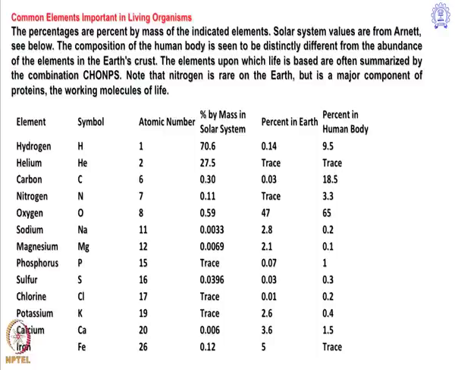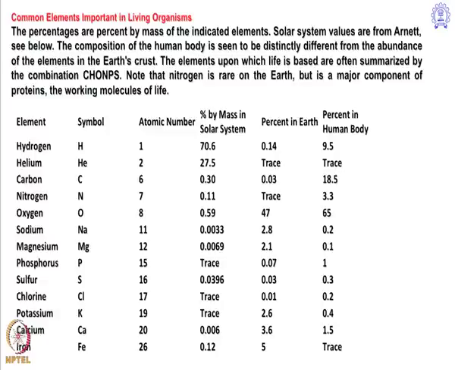You can look into this table to realize the percentage of hydrogen in the solar system, and also the percentage of hydrogen in Earth and in the human body. In the solar system, hydrogen constitutes about 70.6% and 27% is helium.